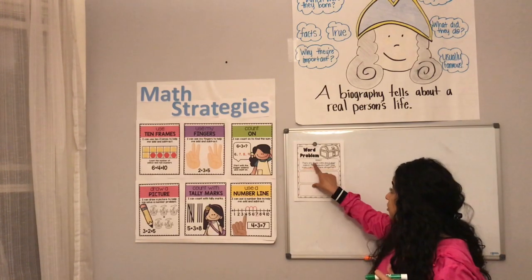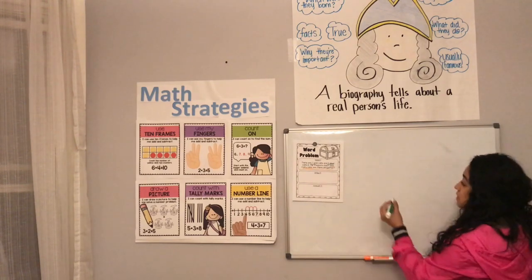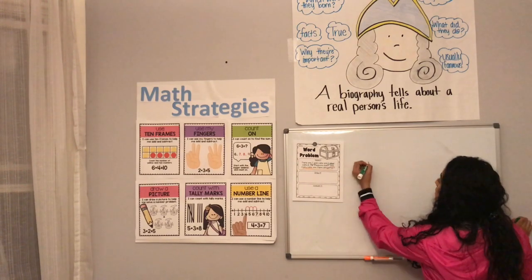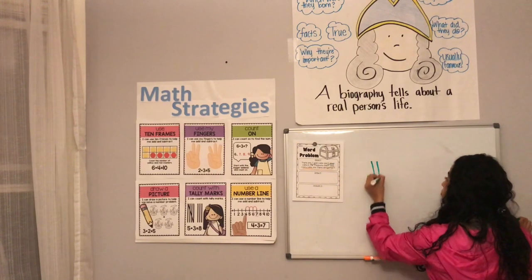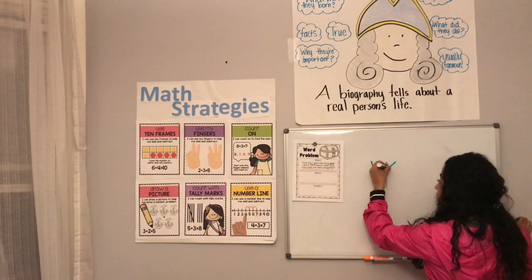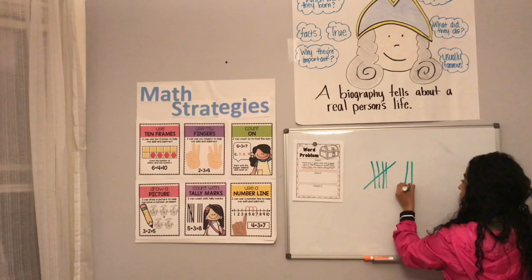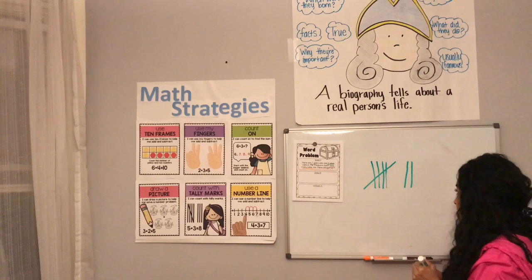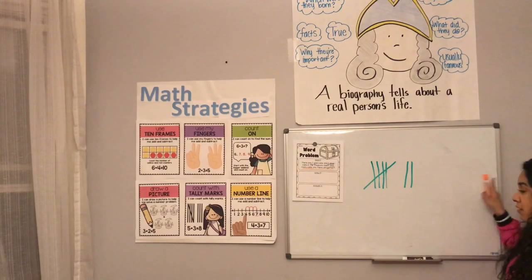So I'm going to start off with the number 7 because that's my biggest number. So I'm going to say 7 gold coins. 1, 2, 3, 4, 5, 6, 7.